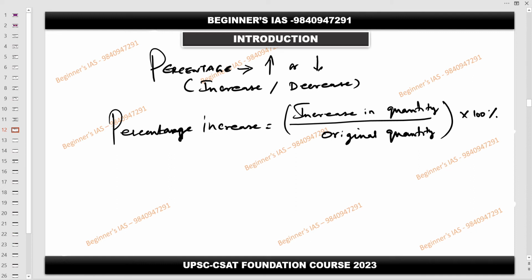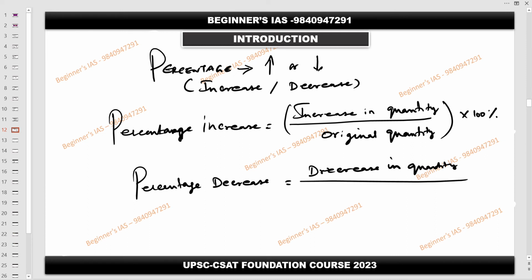Now percentage decrease is equal to the decrease in quantity by the original quantity. Then finally you need to multiply with 100 percentage. Done now? If the question is dealing with percentage increase and decrease. Shall I move to the next concept? Yes. Fine.